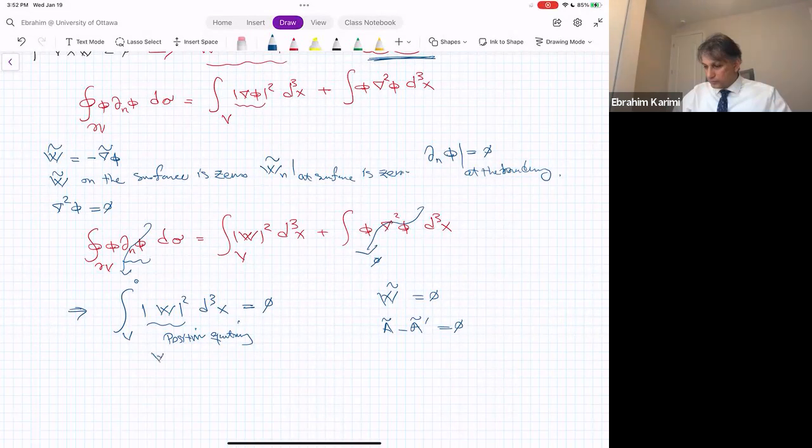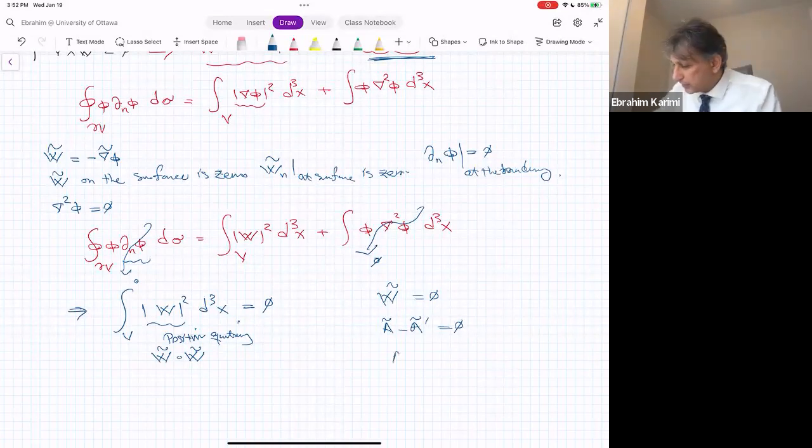That will give you W dot W. And we know that W on the surface is 0. Then from this we get that W is 0 everywhere and not only on the surface. Good?